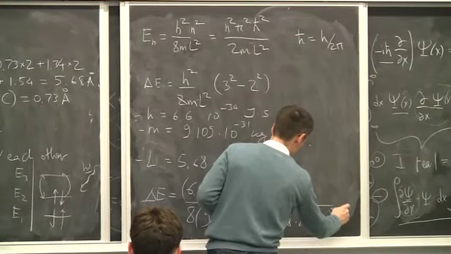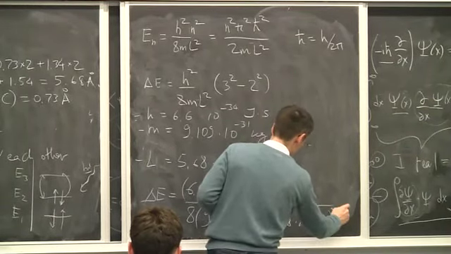Delta E equals, according to Einstein expression for the energy of light, h nu, and we have also relation that nu times lambda, the frequency of light times the wavelength of light, is the speed of light.